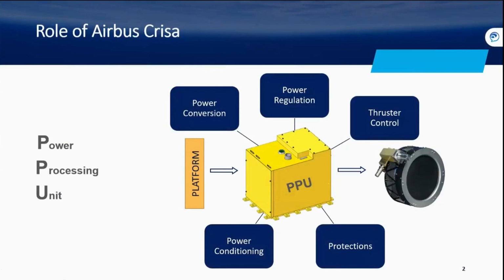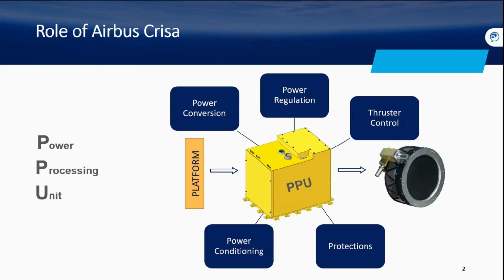The Power Processing Unit is the power management equipment in charge of providing power to the whole system and also of controlling it. We get the power from the platform, from the satellite batteries or solar panels, and we transform it into the high voltage required to operate the thruster and other passive elements of the electric propulsion system, such as the fluid control valves.